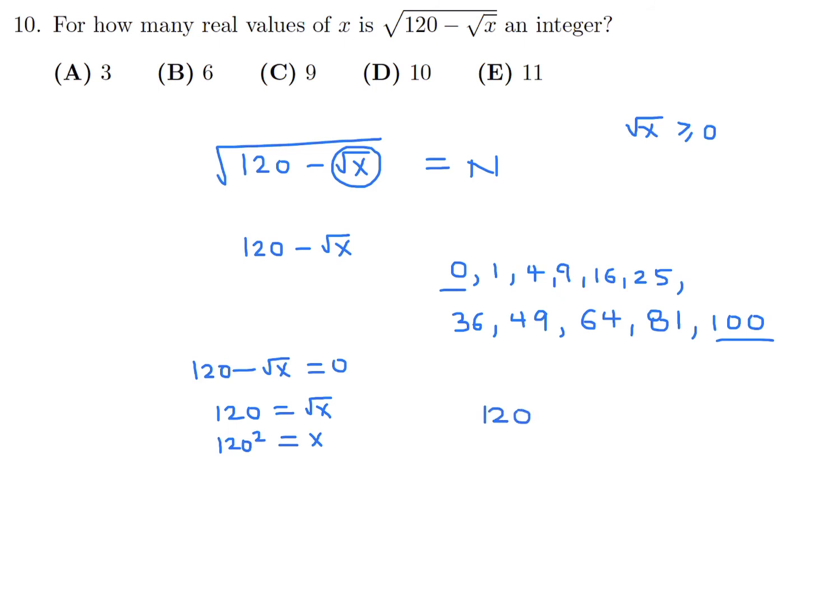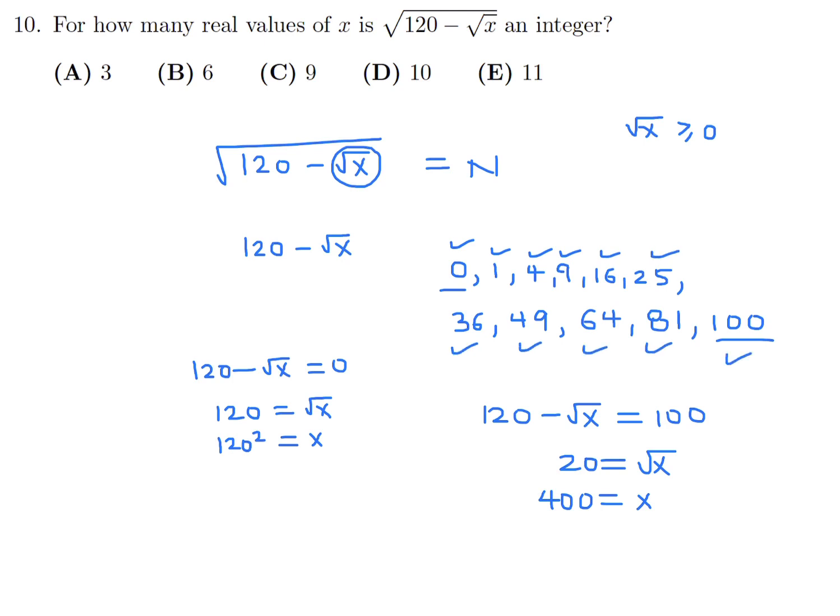What's under the square root sign? 120 minus the square root of x is equal to 100. So that means that the square root of x is equal to 20, and therefore x is equal to 20 squared, which is 400. Correct? So in a similar way, all of these will check out. So how many did I get? 1, 2, 3, 4, 5, 6, 7, 8, 9, 10, 11. So number 10, the answer is E.